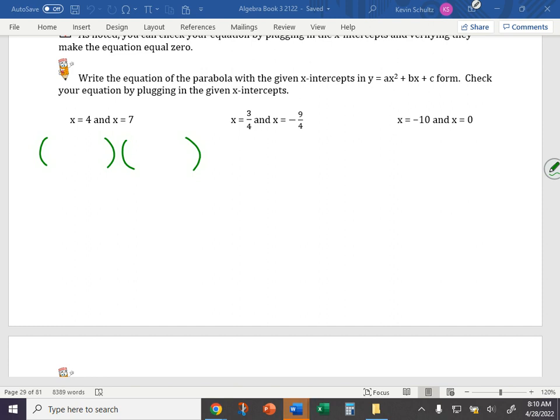That's what an x-intercept does, right? We want the x value that makes that equal 0. So what are we going to put in this first binomial that x equals positive 4 would have come from? x minus 4, right? And what will go in the second one?